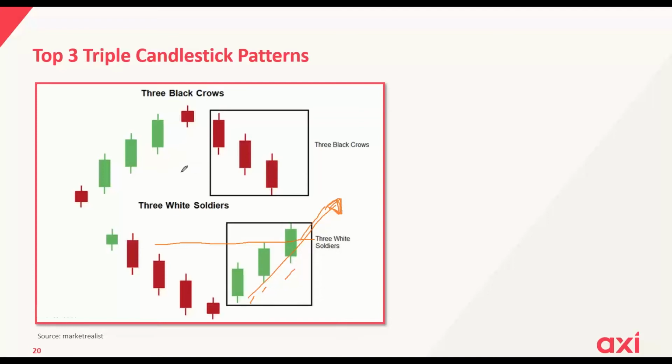The same with the 3 black crows: you're trying to ride their momentum to help you break out of a key support level and go further down. There are many ways to use this, and my personal preference is to use the 3 black crows and the 3 white soldiers as breakouts, not reversals.